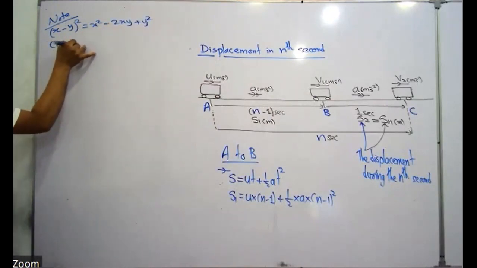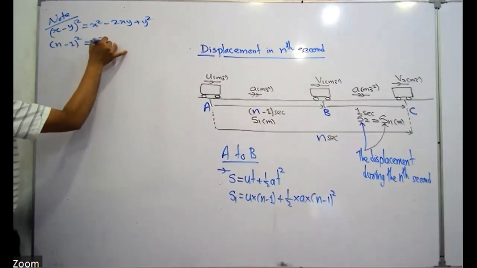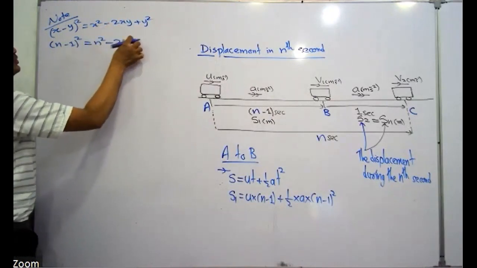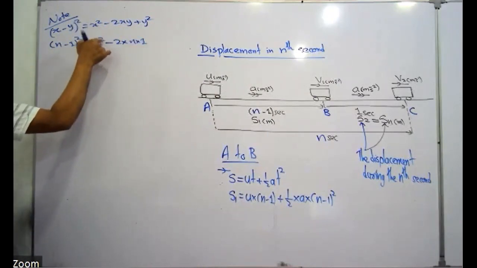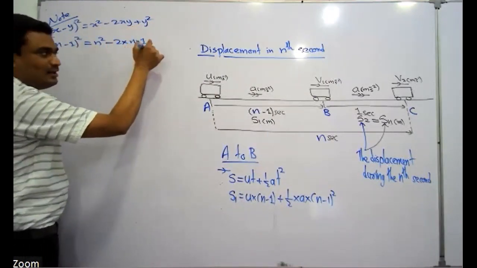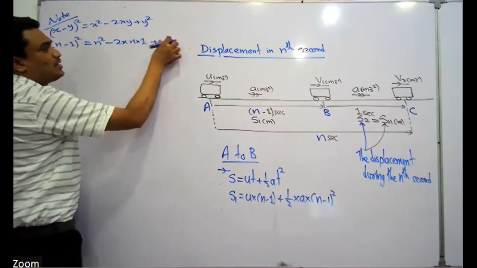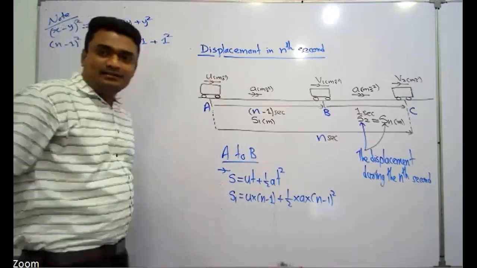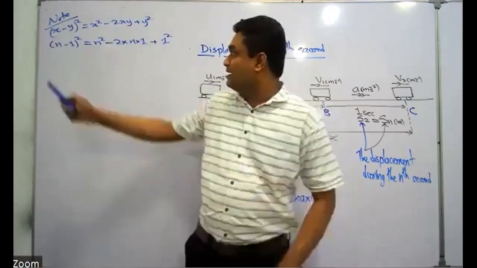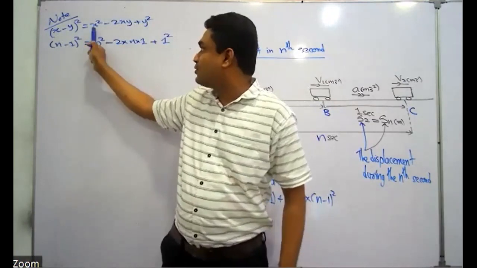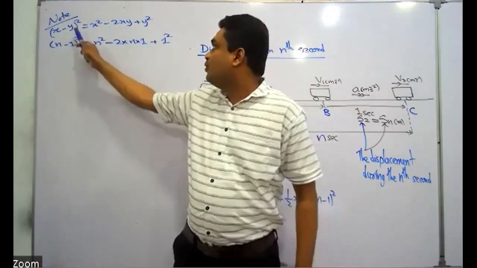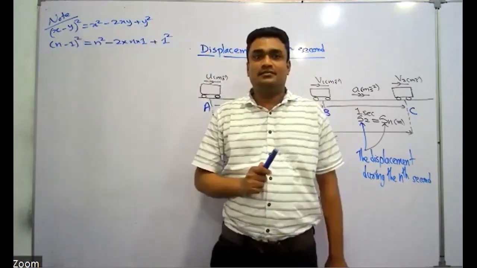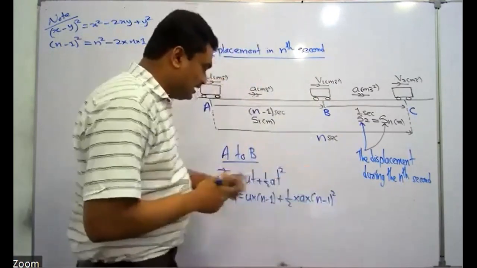Therefore, what is (n minus 1) squared? n squared minus 2n plus 1. I have taken x as n, y as 1. x squared means n squared, 2xy means 2n, y squared means 1 squared. Clear or not? So I use it here.